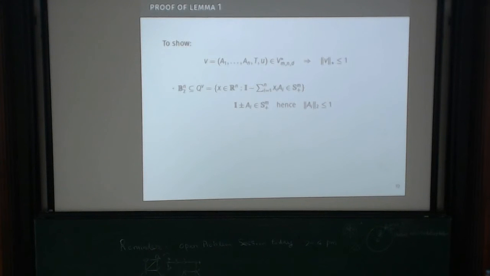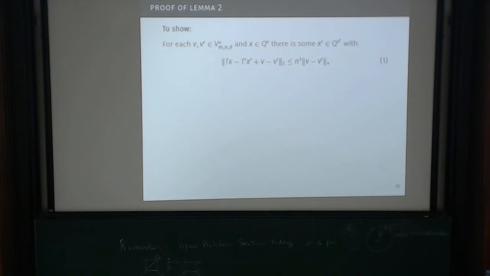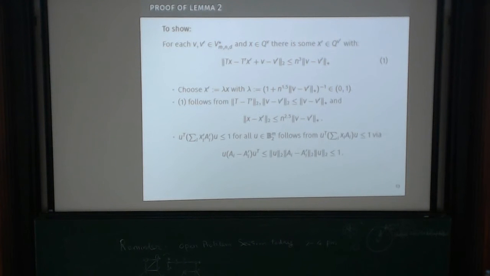So this is the proof of the first lemma. It's just triangle inequality, nothing else. Proof of the second lemma, the same. It's also just triangle inequality and nothing else. Well, not really true. There is this last point here.